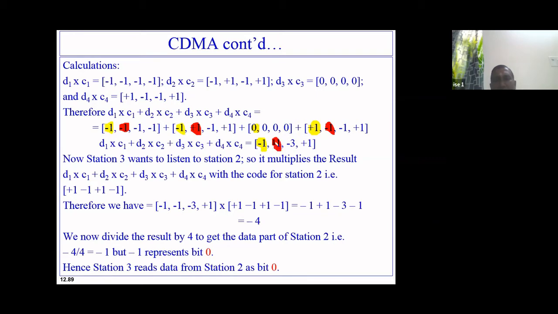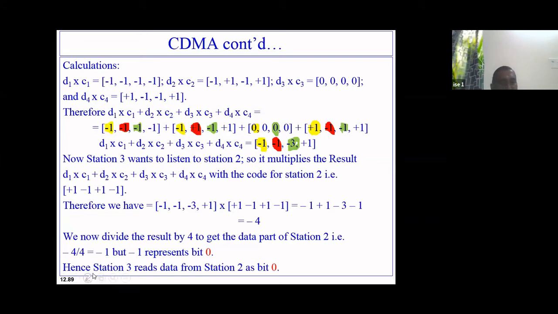Then next I'll take some other color, assuming I have taken this. So here, minus 1. I get minus 2 plus 0, minus 2 only, and this is minus 1. So I get a minus 3 here.